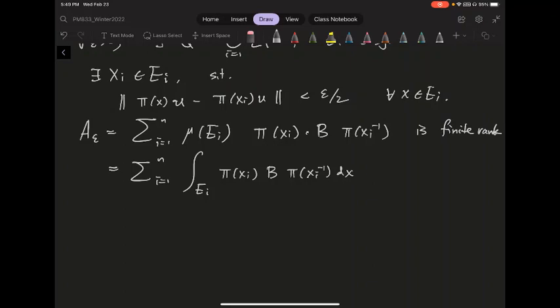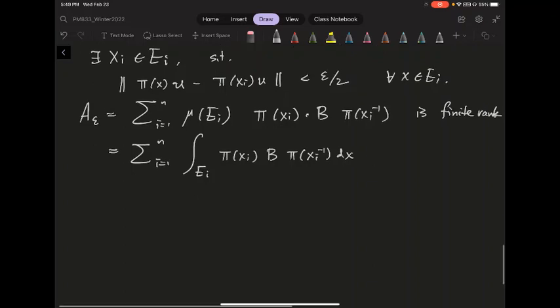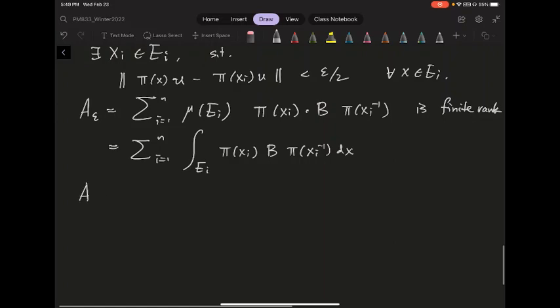You're basically integrating this constant. Now you want to compare with A. Your A is really the summation over i of the integral over E_i. It's just the integral over the entire group, but let's break it down into each of these E_i. So you have pi x B pi of x inverse dx. So the first question you ask is, what's their difference?